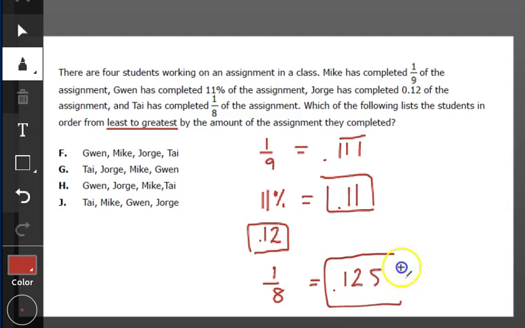So now I'm looking at trying to order these from least to greatest. So I'm going to look at that first decimal place. Well, each of them in the tenths position have a 1. So in order to find the least, I'm going to have to go to the next spot. We've got a 1 there in the second spot, a 1 there, a 2, and a 2.